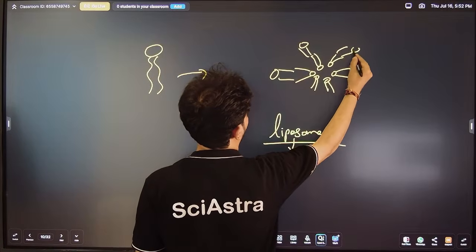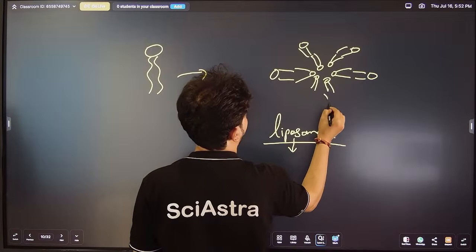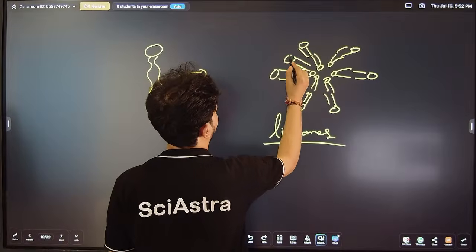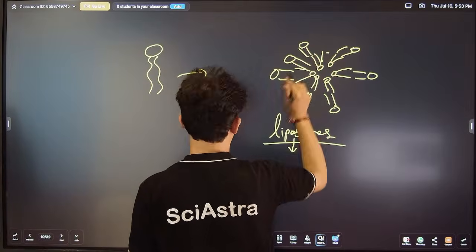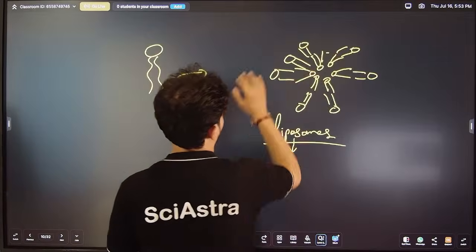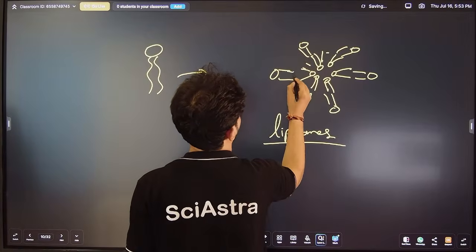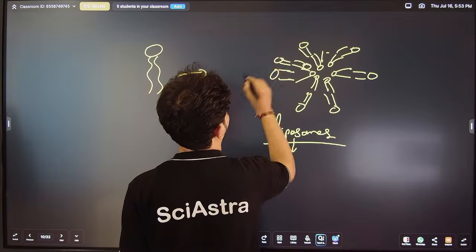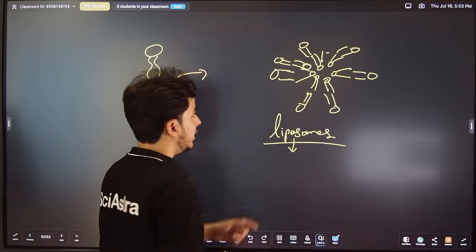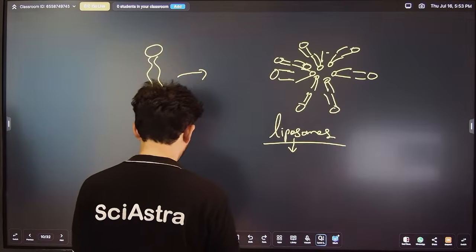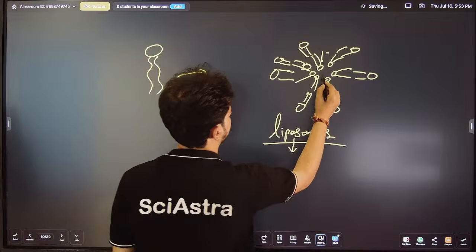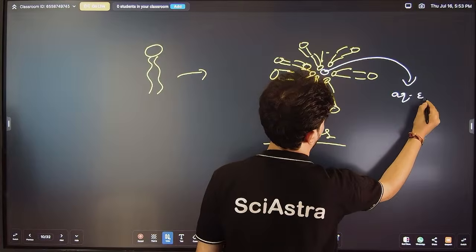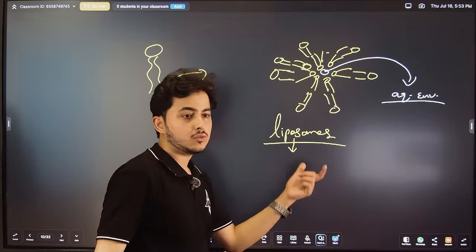So this is the bilayer which is folded, and overall if you pack this structure, you get something called a liposome, in which this environment, if I mark it with white color, is the aqueous environment.